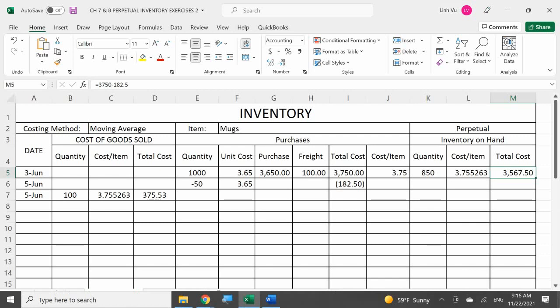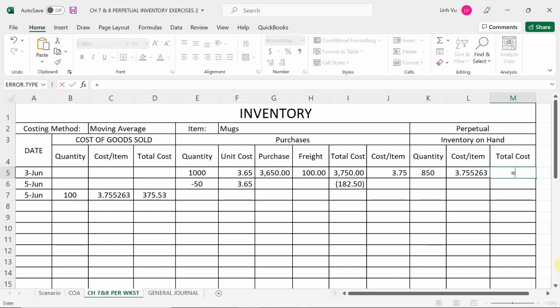So in this case, you would take 3,576.50 minus the 375.53 to get the same exact answer, 3,191.97. But this one's going to be more accurate because you're not using rounded numbers. You wouldn't get that discrepancy where you have an extra penny because you're looking at a rounded number. Okay?